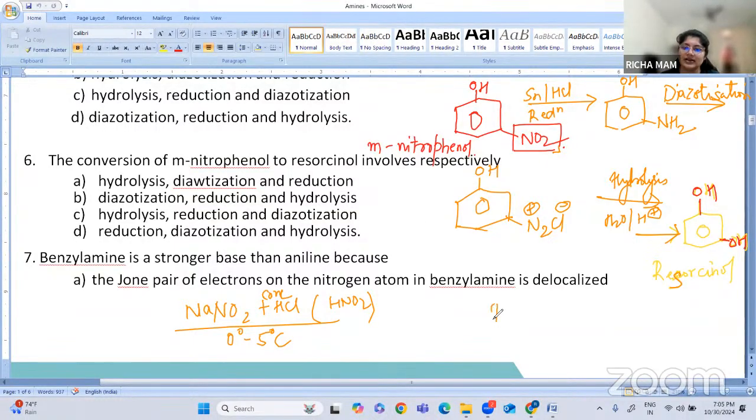First is reduction, second is diazotization, third is hydrolysis. So reduction, diazotization, hydrolysis is option D. Is it clear? Okay. Let us go for the next one.